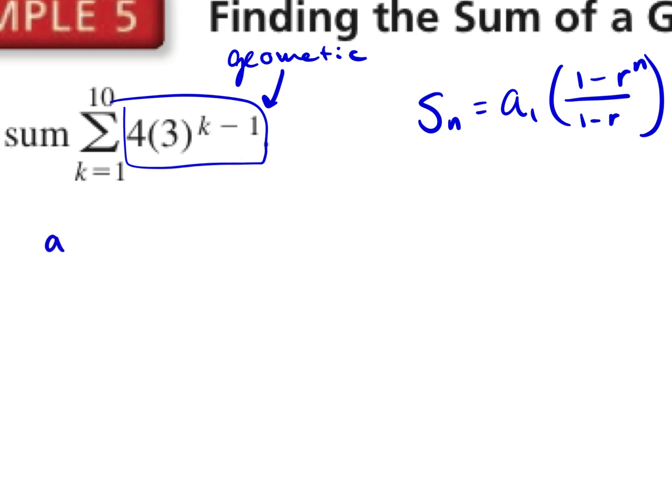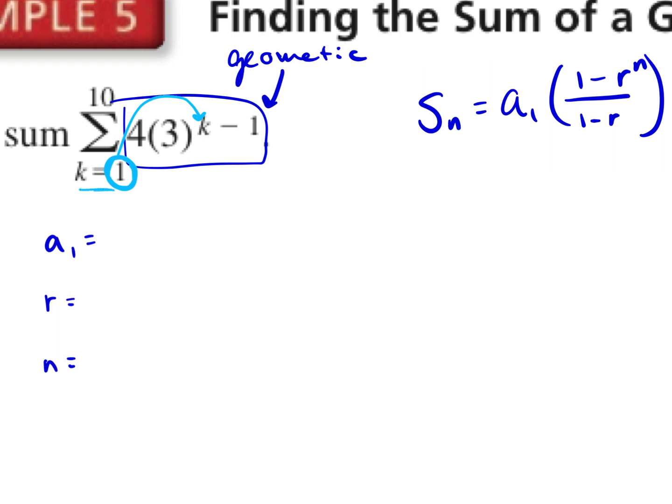So we need to figure out what our first term is, what our common ratio is, and what the number of terms is. To find a sub 1, we're going to take the first number here and plug it into k.